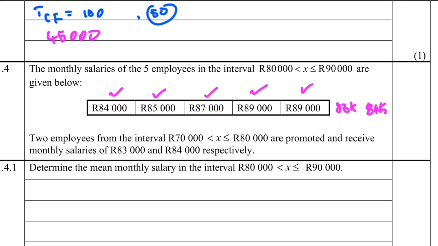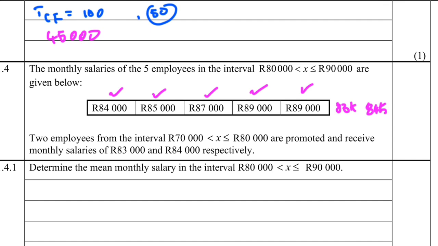So we just add those numbers and we divide by n, the number of salaries. So that is 84,000 plus 85,000 plus 87,000 plus 89,000 plus 83,000 plus 84,000.